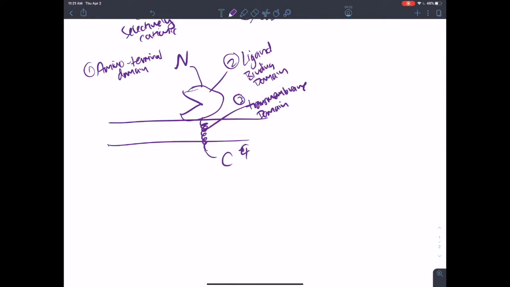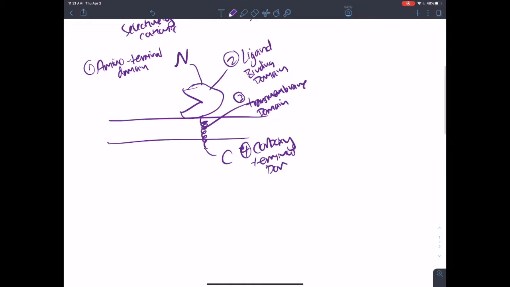So this is number 4, carboxy terminal domain. And again, this is just one of those subunits. So an AMPA receptor is going to be built of 4 of these. So each of the 4 subunits of an AMPA receptor has an N-terminal domain, a ligand-binding domain, a transmembrane domain, and a carboxy-terminal domain.